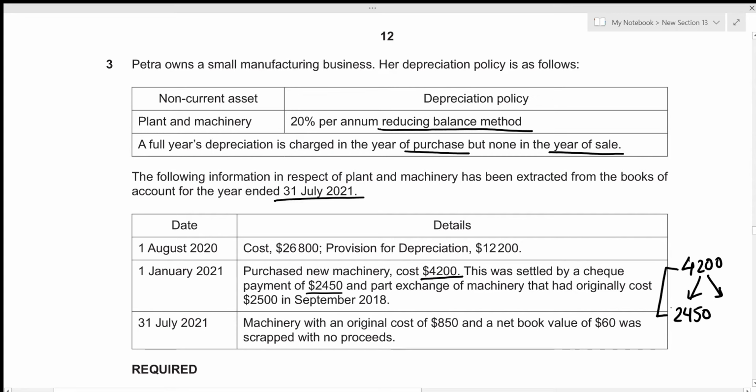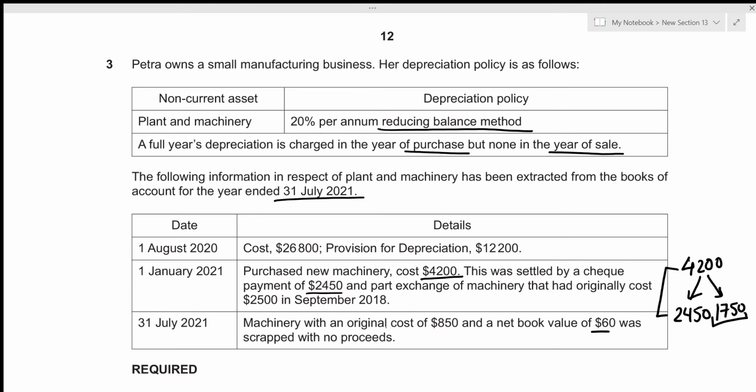So that's 4,200 minus 2,450, which gives a value of 1,750. So the machinery that had been part exchanged received the value of 1,750. Okay, and then on 31st July 2021, machinery with an original cost of 850 and a net book value of 60 was scrapped with no proceeds.